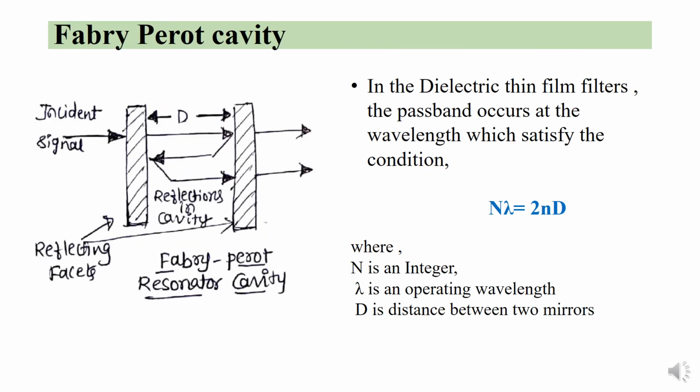The Fabry-Perot cavity principle is shown in this figure. It has two mirrors, both highly reflective facets, separated by a distance d. When light enters these reflective facets from the left surface of the resonator, it enters the cavity first and strikes the inner surface of the mirror, and then it reflects to the right side mirror.